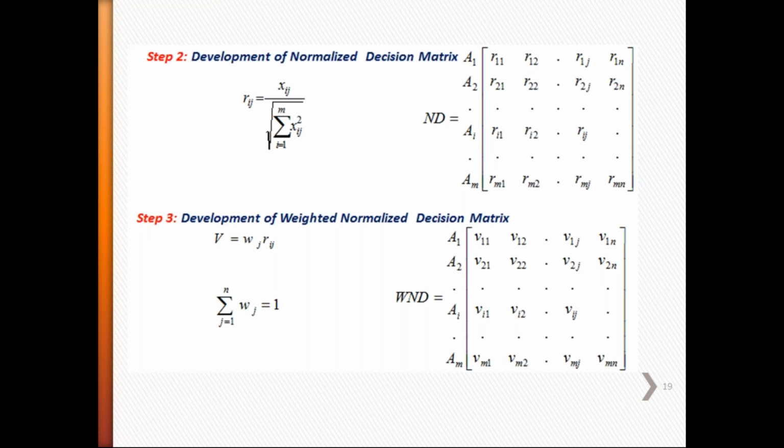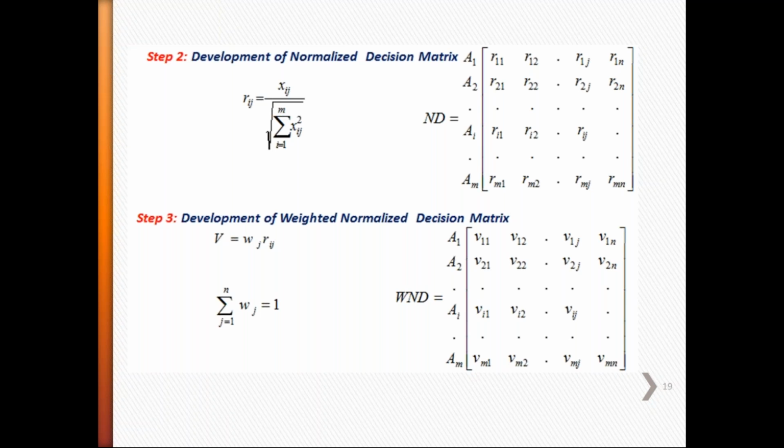Similarly, in the first one, the ND matrix, the second column is for criteria C2, and the criteria weight of C2 is W2. So R12 is to be multiplied with W2, R22 is to be multiplied with W2, Ri2 into W2, Rm2 into W2. So we will get V12, V22, Vi2 up to Vm2.